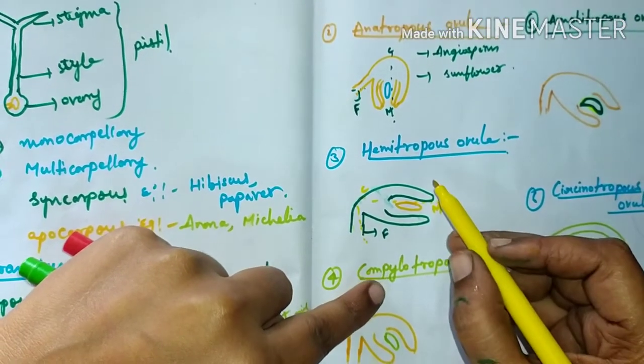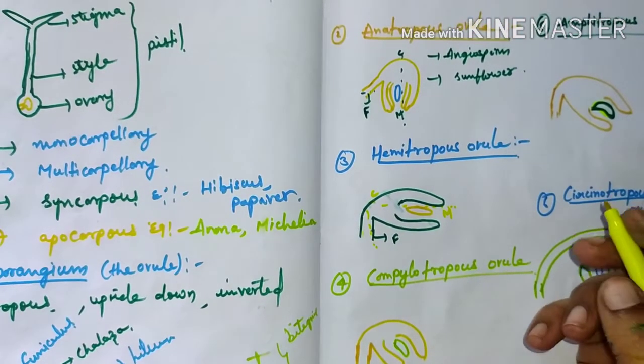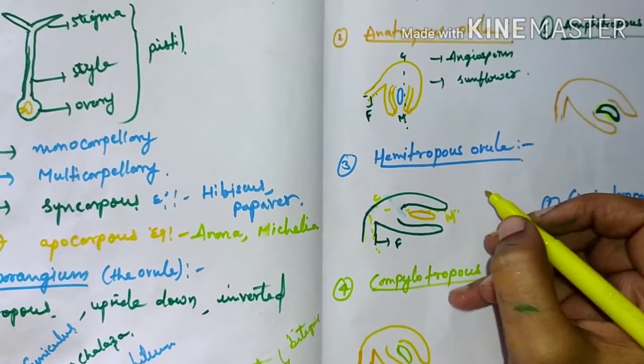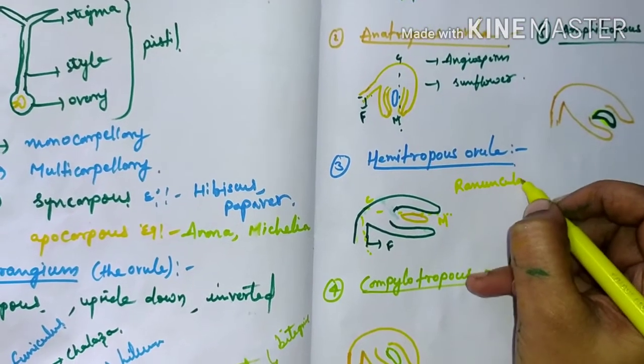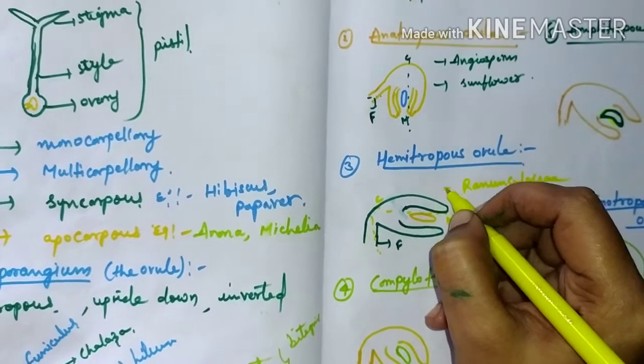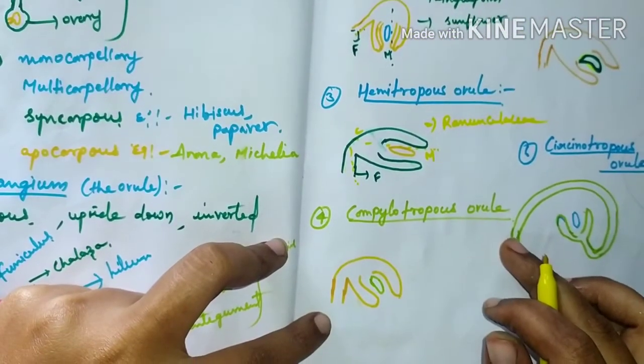So this is called hemitropous, and it is present in most of the Ranunculaceae family.